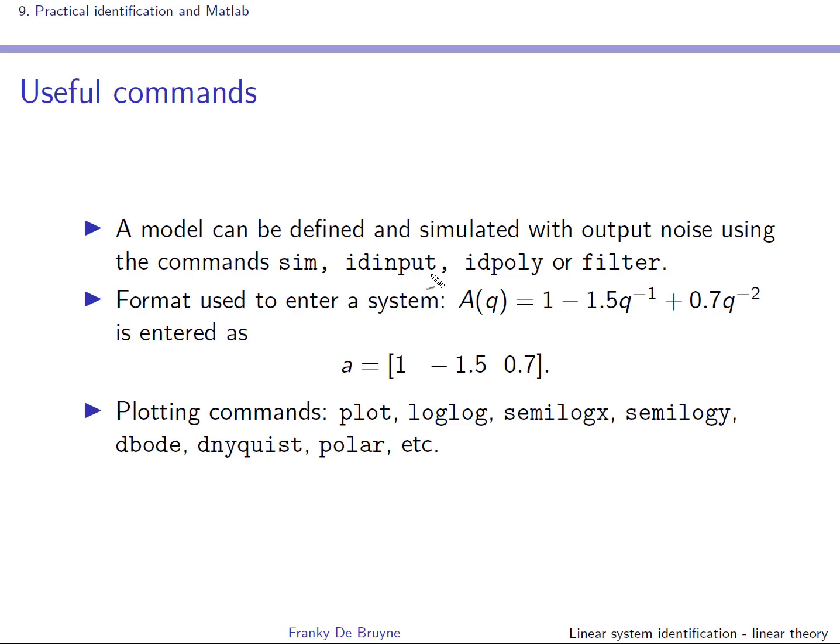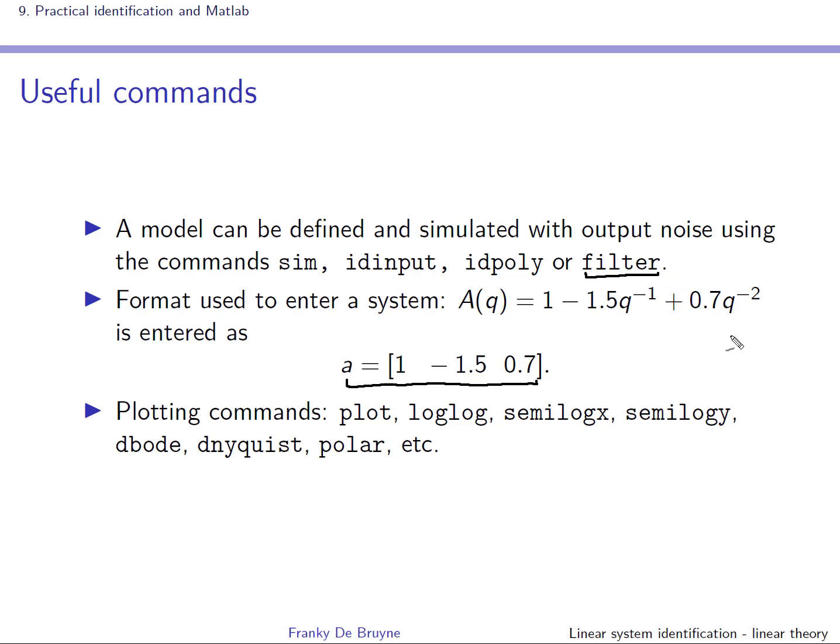We have already seen that you can enter this polynomial A(q) that is shown here in the following way. And you can filter a signal using a given transfer function using the command filter. So have a look at the help that is behind this command filter to see how you can use it.